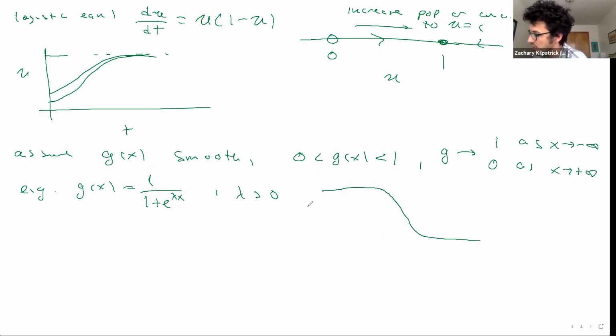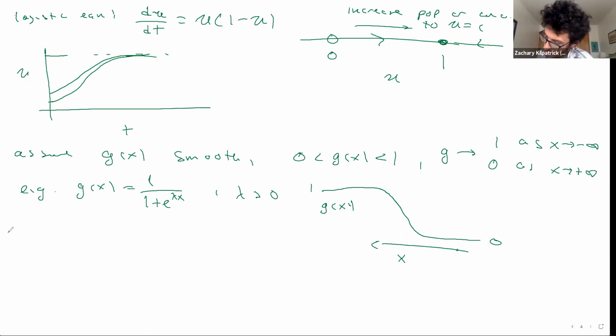So this would be your g as a function of x. Here's your x axis, and so this is 1 up here and 0 down here. So the idea is that we have some full carrying capacity population, and it's moving into some empty region over here. It's just going to spread its way in.